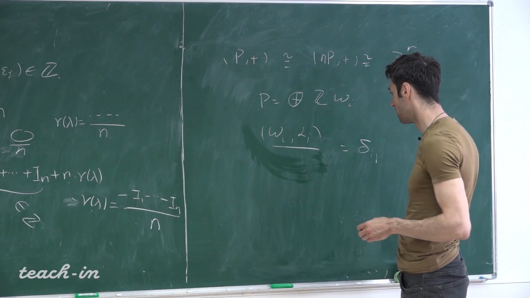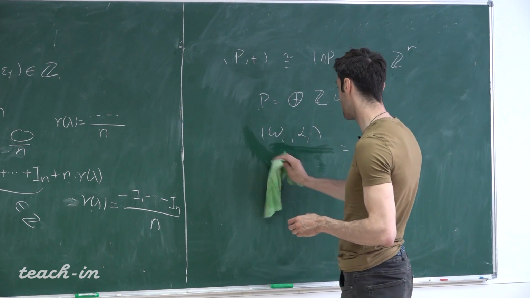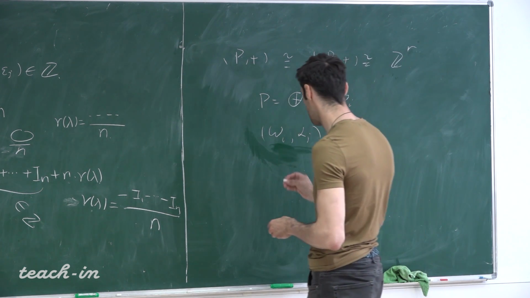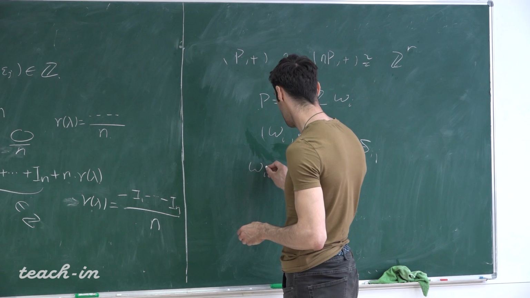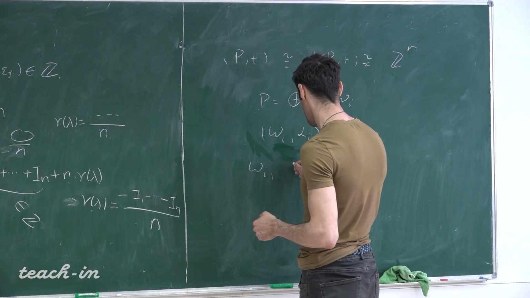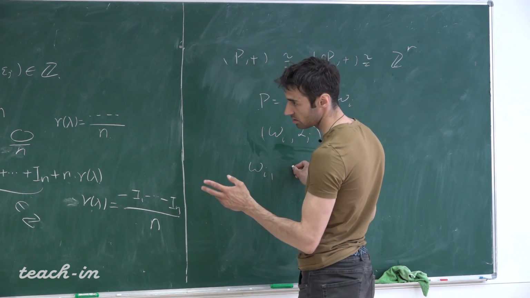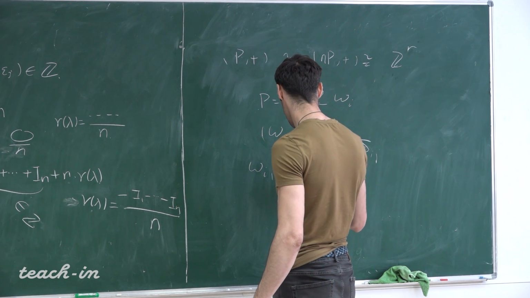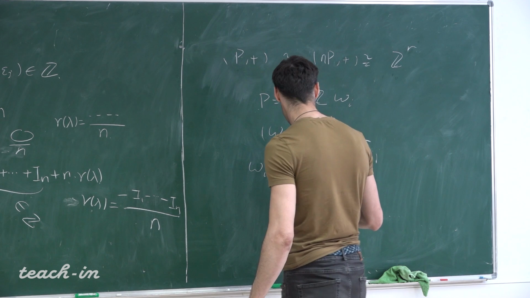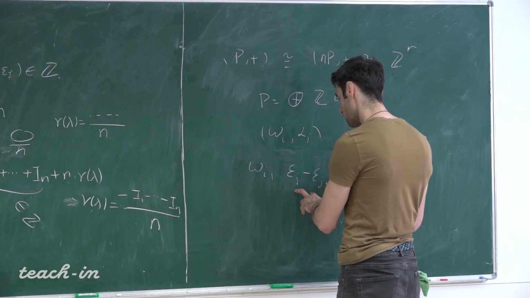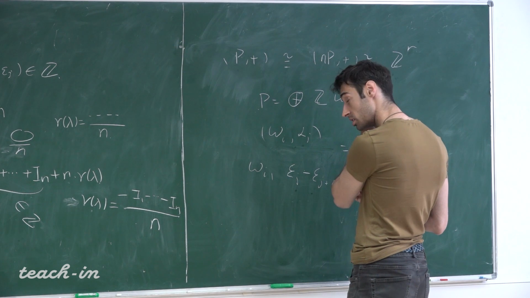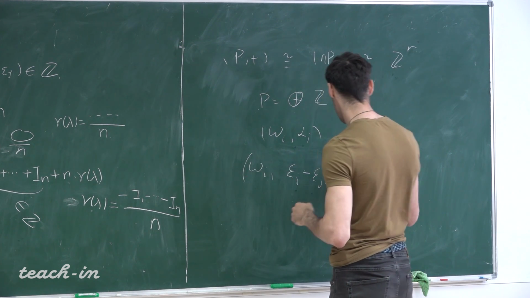And then alpha j, you know what they are, right? So you need omega i, epsilon j minus epsilon j plus 1. We just need simple rules, which is delta ij.